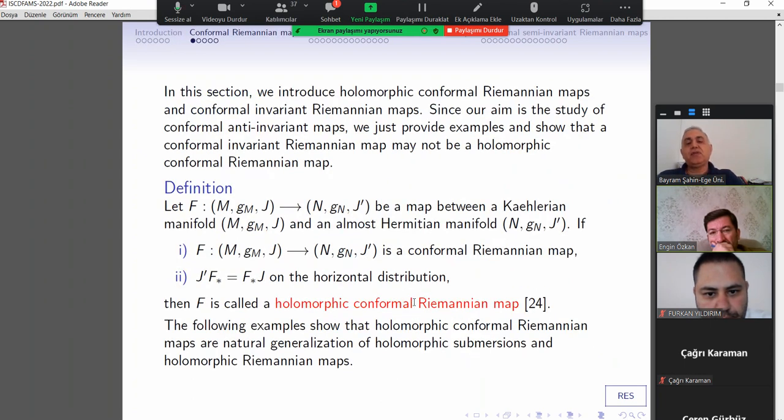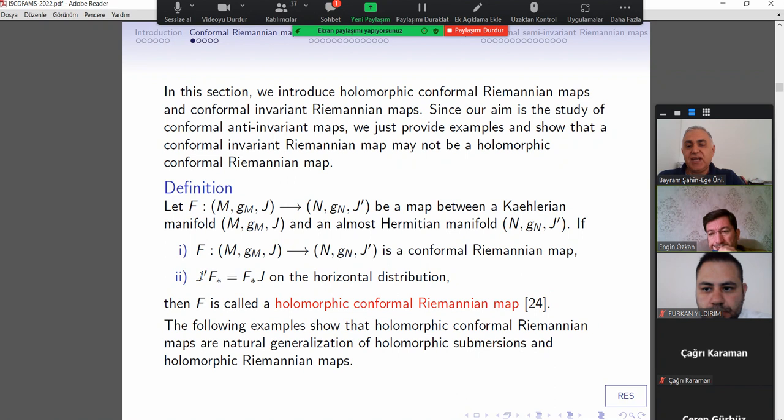So here is our first definition. By using the almost complex map between two Kaehlerian manifolds, or two complex manifolds generally, we can give the holomorphic conformal Riemannian map. In this case, as the natural one, first you have a conformal Riemannian map, and then you put this condition: your F should be an almost complex map on the horizontal distribution.